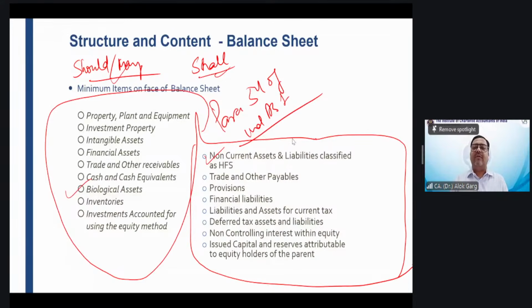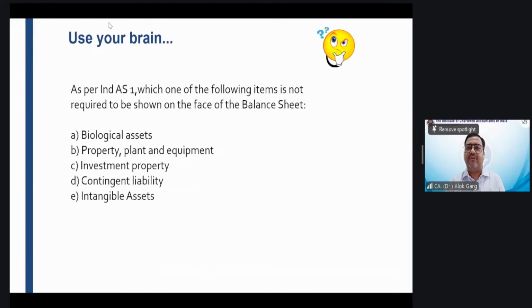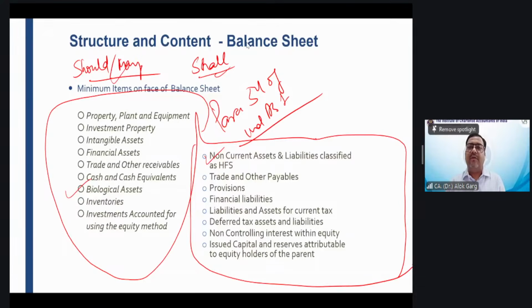Yes. Okay. So now another example. For example, a company had a biological asset in the last year, but in this year, the company does not have any biological asset. Whether the company will present this biological asset or not?